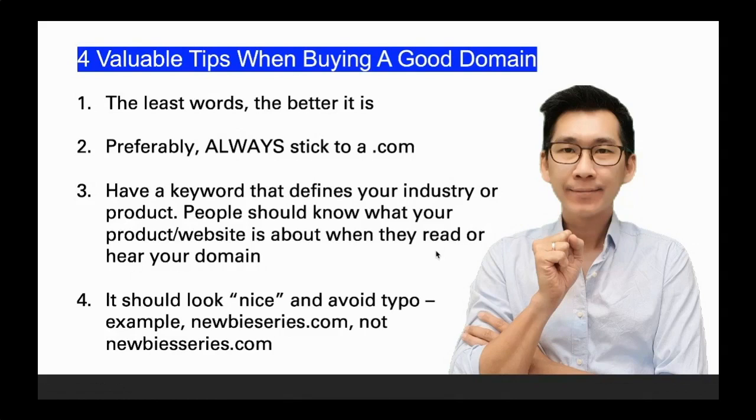So technically, if I want to own the domain name newbieseries.com, I would technically need to change the product to call it newbie series and never call it newbieseries.com. So you need to take into consideration the domain name when you're naming your product. Will it look nice or not? Because if it's going to be newbieseries.com with the double S there, you're going to lose a lot of traffic, because when someone hears newbie series, they may miss out the double S's.